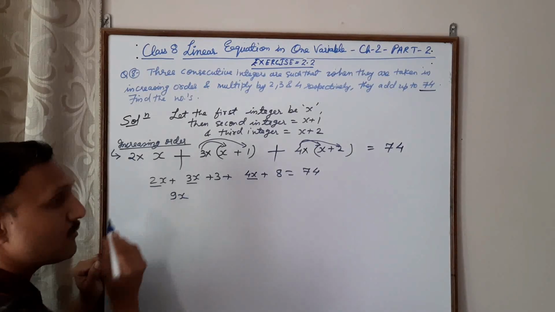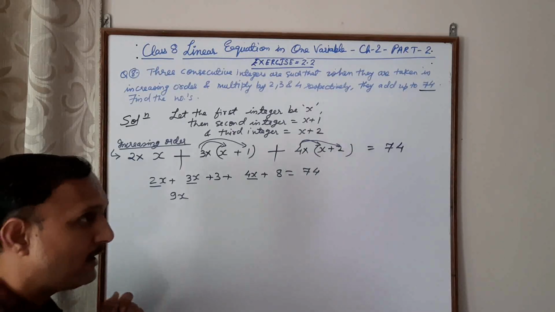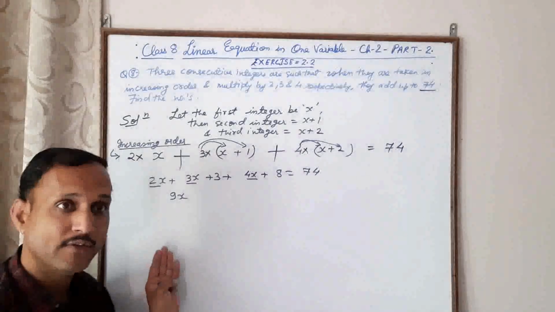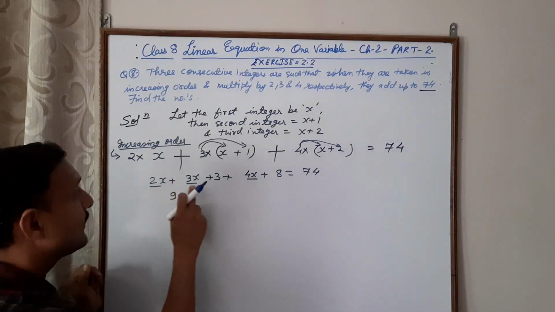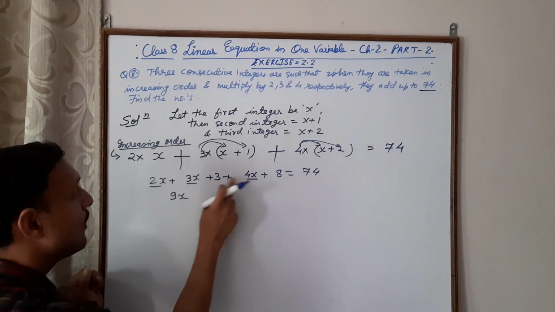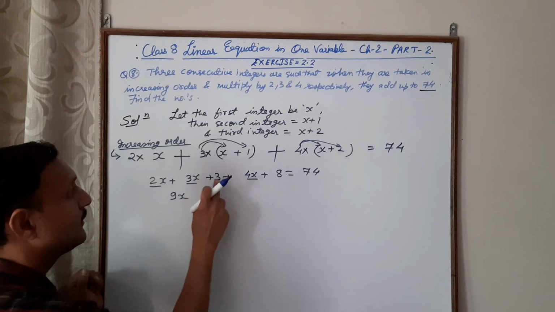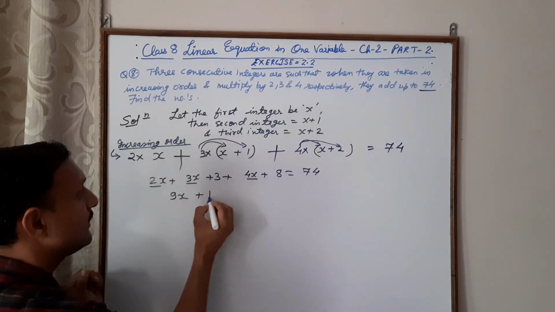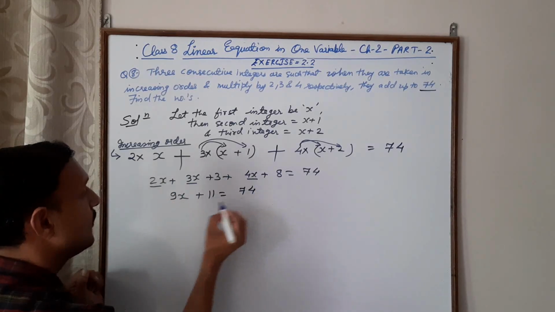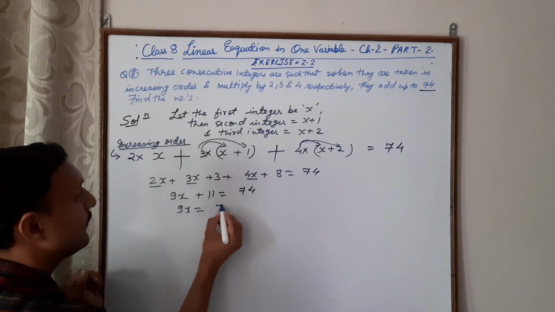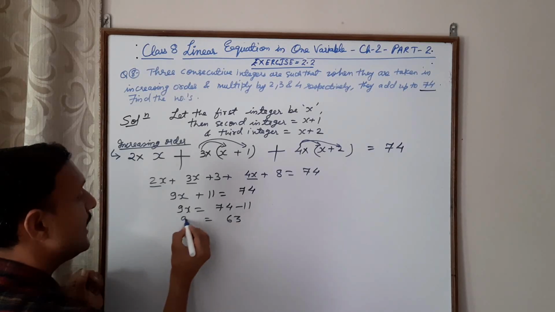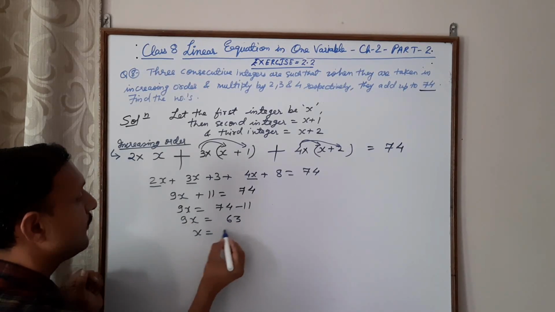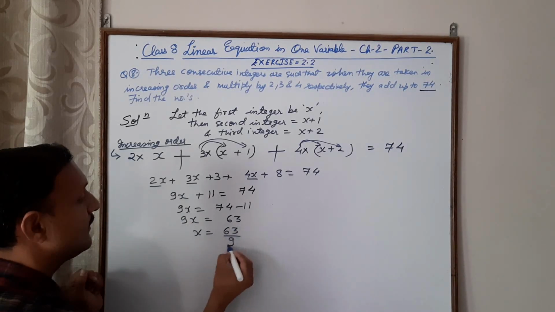In class 7 you have studied algebraic expressions, how to add when like terms are there. So 9x, and 3 plus 8, 11, equals 74. 9x equals 74 minus 11. Subtract. 9x equals 63. x equals 63 by 9, which is 7.